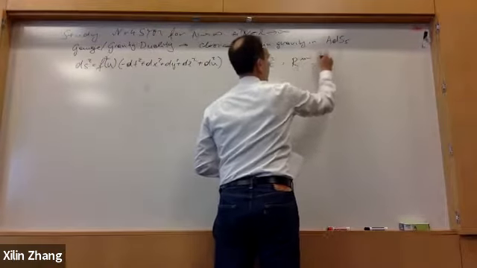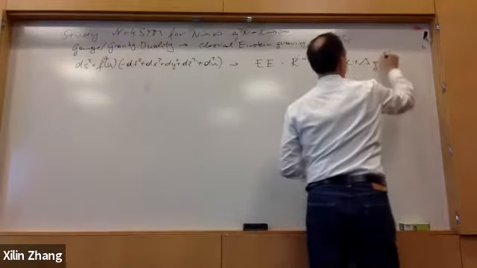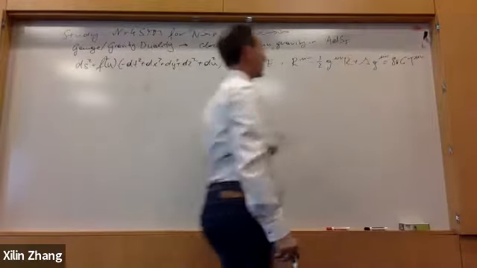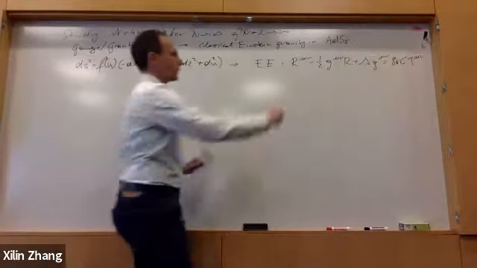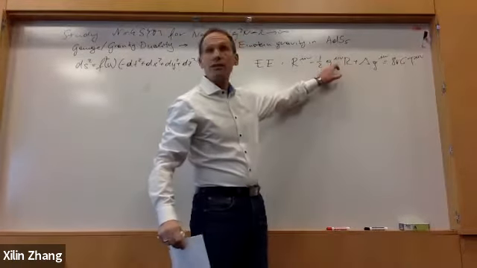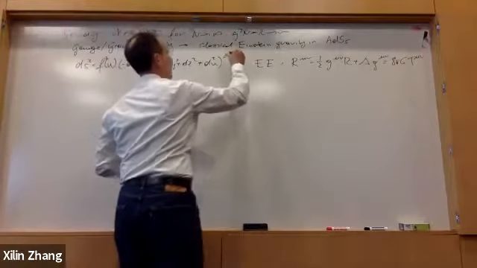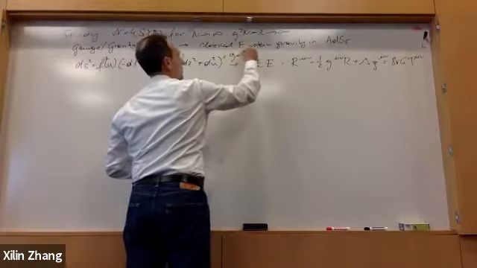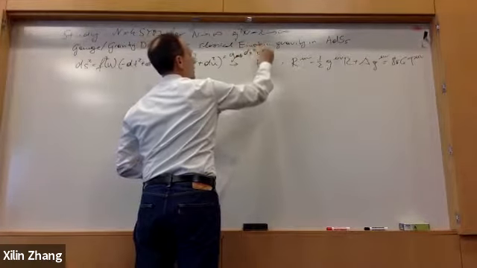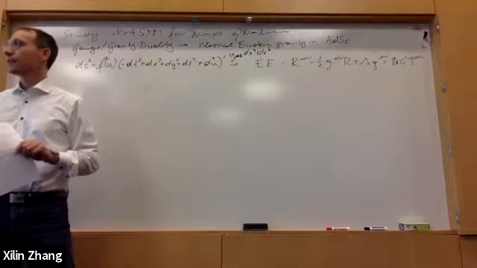R_{AB} minus 1/2 g_{AB} R plus lambda g_{AB} equals 8 pi G_{AB}. Okay, so these are Einstein equations. R_{AB} is the Ricci tensor, R is the Ricci scalar, g_{AB} is the metric, so that's this thing here. The line element is always defined as g_{AB} dx^A dx^B, where I'm now writing A and B as Latin indices describing the 5 dimensions.